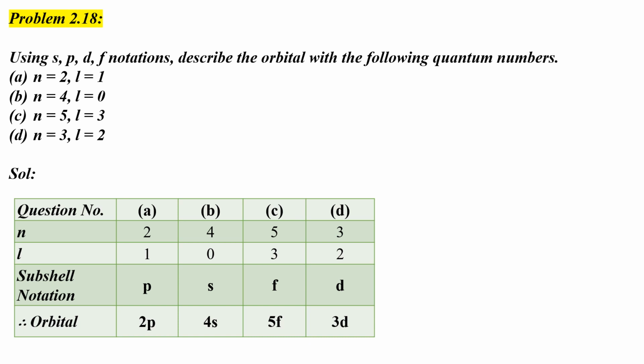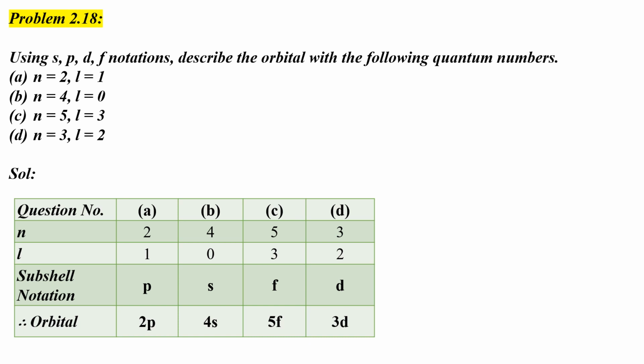Here n equal to 2 and l equal to 1. n equal to 2 indicates the second shell, and l equal to 1 indicates the p subshell. So this is a 2p subshell and the orbital corresponding to it is the 2p orbital. 2p is the orbital described by n equal to 2 and l equal to 1.